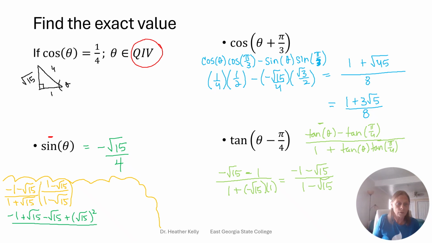Over, we have 1 plus root 15 minus root 15 minus 15. Those guys even cancel. Awesome. So we have negative 1 minus 15 is negative 16 on the top, and we have 1 minus 15, which is negative 14 on the bottom.